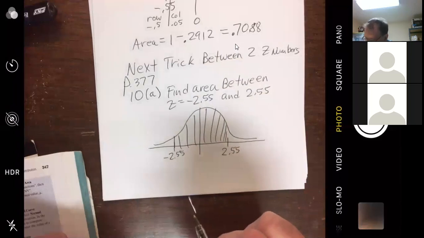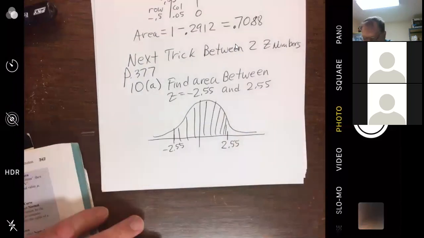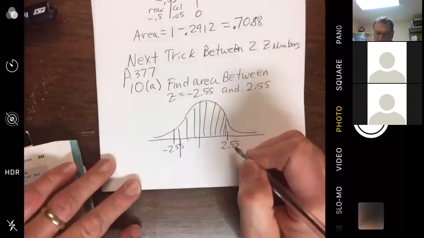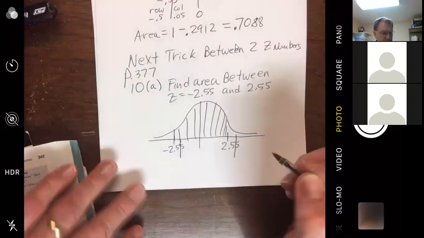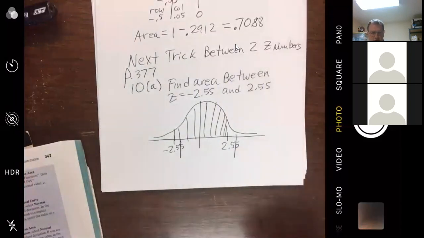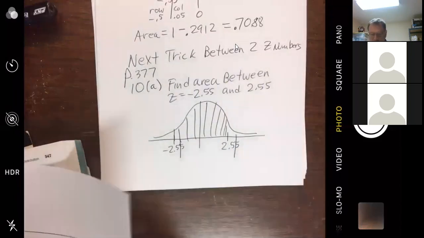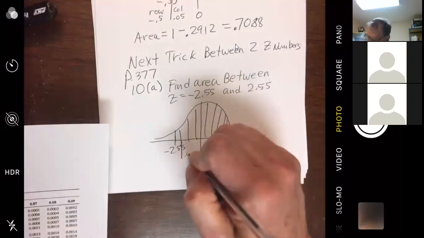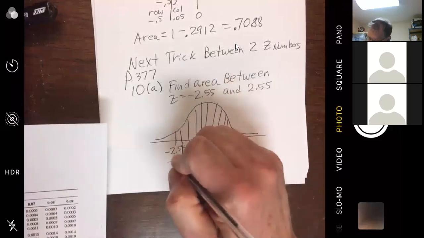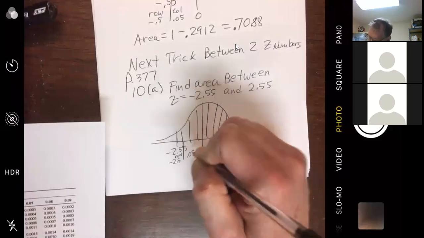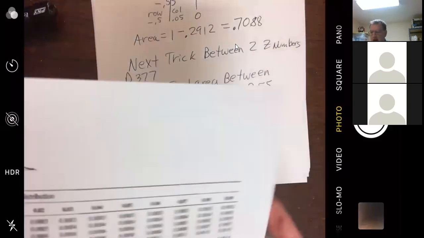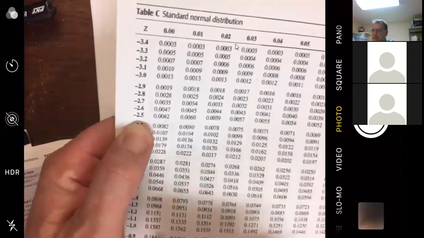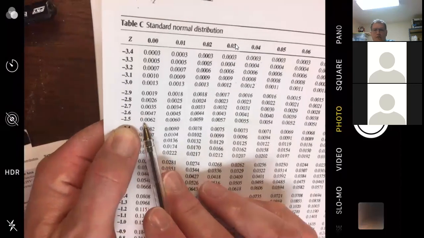You work this exactly the same way. Split off that 5, look it up, split off that 5 and look it up. You'll need both pages. Are you seeing how to look stuff up? This is your 05 column and you're on the negative 2.5 row. Row, 05 column.